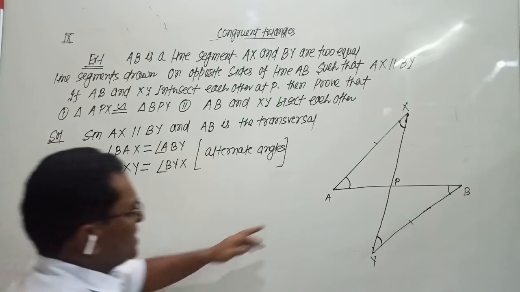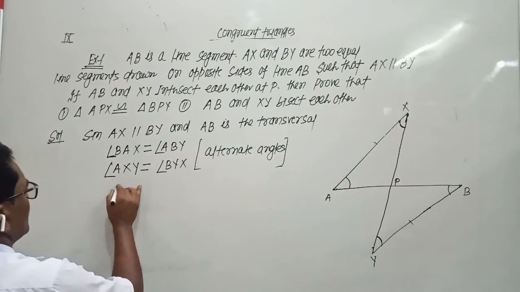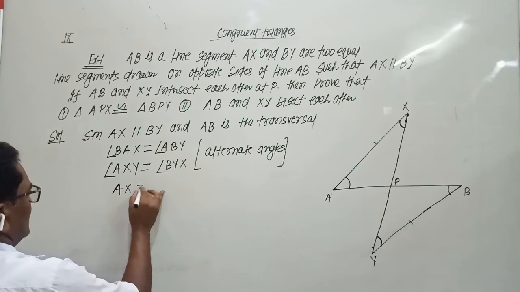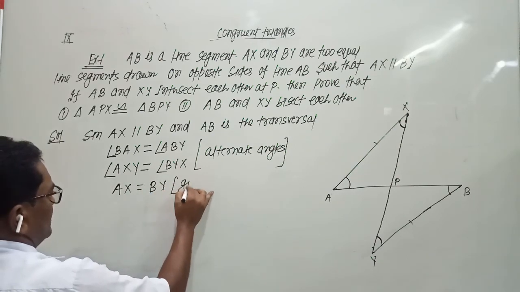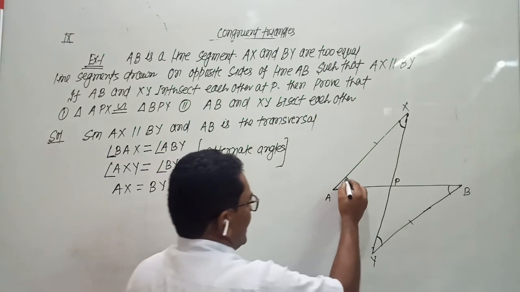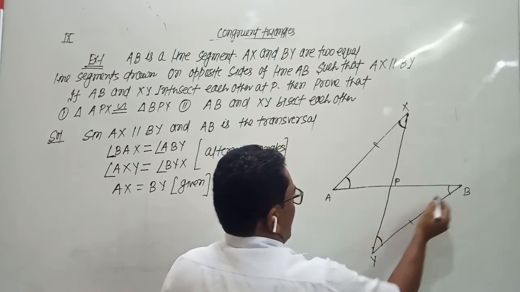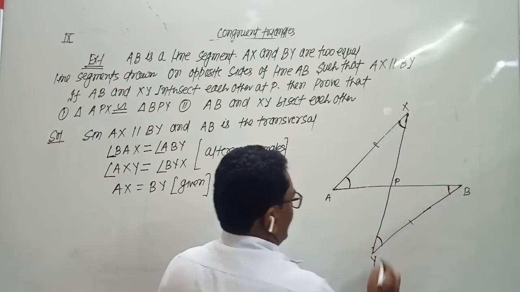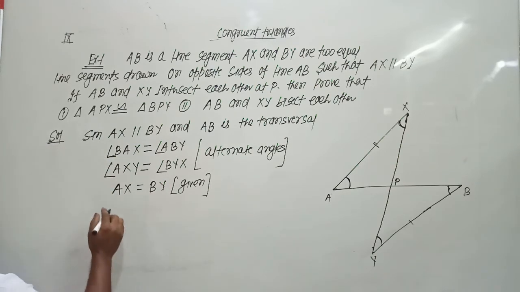And also we are given side AX equals side BY. This we have given. So angle, side, angle. By ASA, these two triangles are congruent.